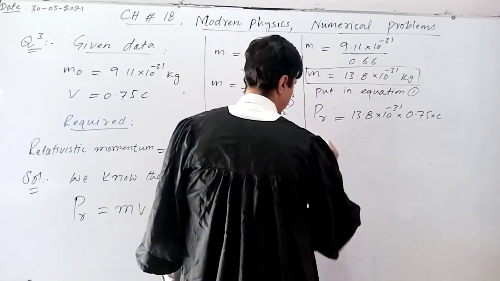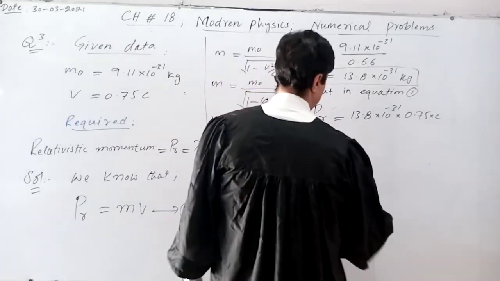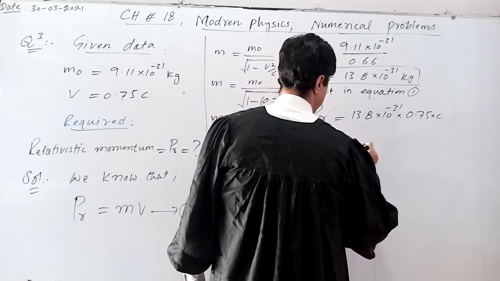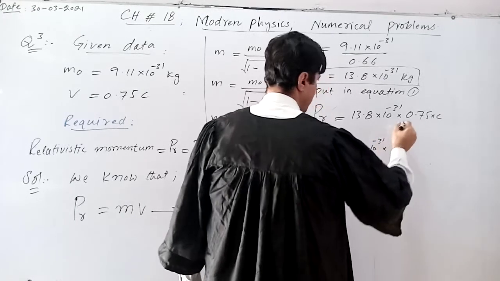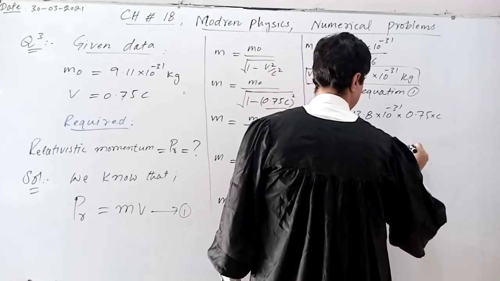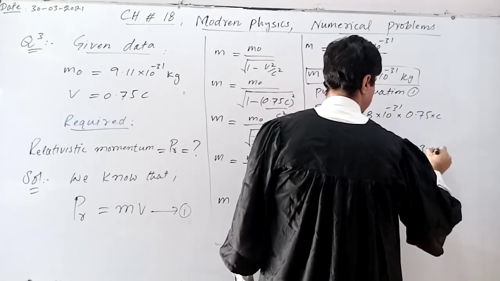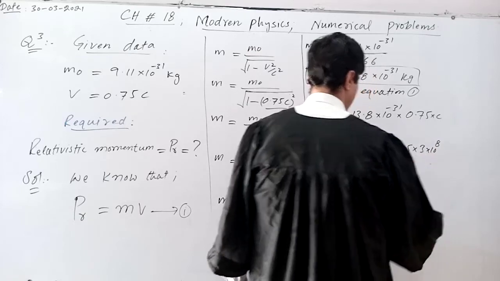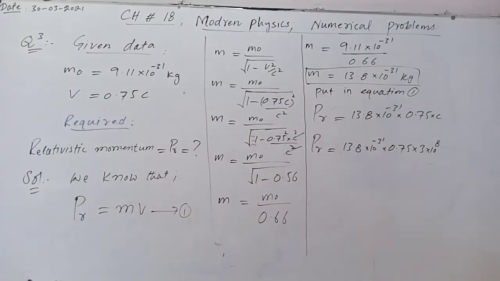So PR, or relativistic momentum of the electron, will become 13.8 times 10 power minus 31 times 0.75. The value of C is 3 multiplied by 10 power 8. By performing this calculation, we have to multiply 13.8 with 0.75 and then with 3.